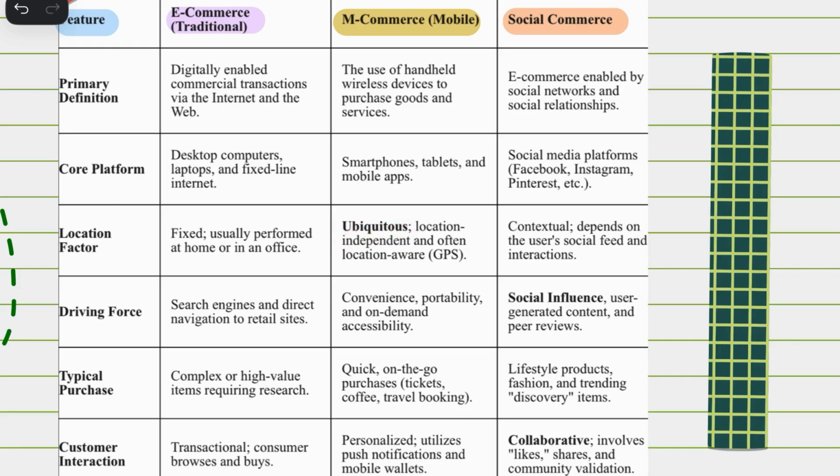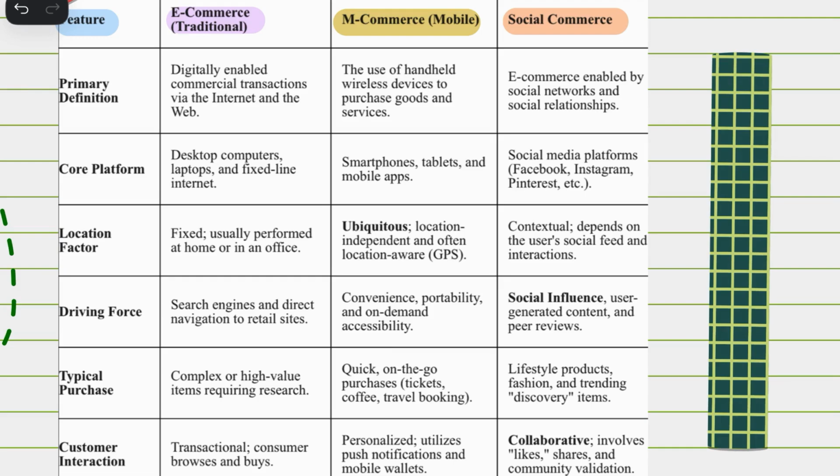That means it is location independent and often location aware, so we use GPS a lot here. Then there is a contextual location factor in social commerce. It depends on the user's social feed and interaction whether the location factor is independent or dependent.